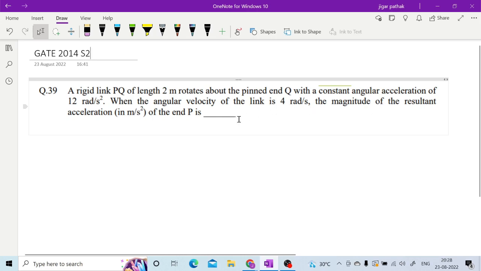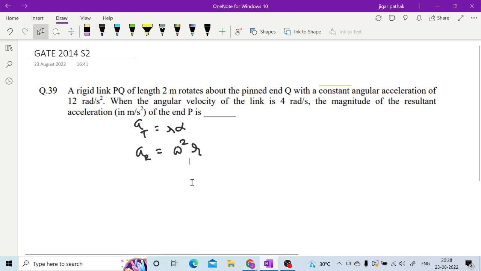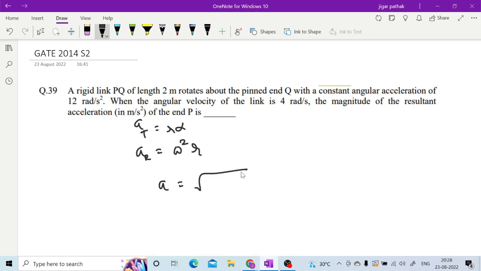Magnitude of the resultant acceleration means your two different components are there. R alpha is the tangential component and you are having the radial component as omega square r. You are having all the values with you, omega, alpha and r, and you can calculate the AR and AT, and then resultant acceleration will be AT square plus AR square.